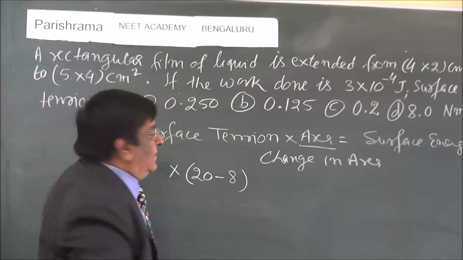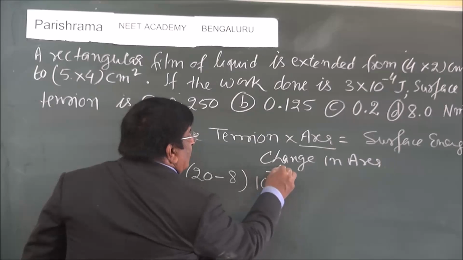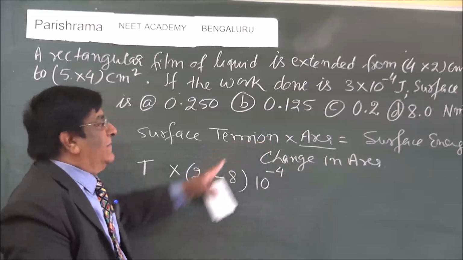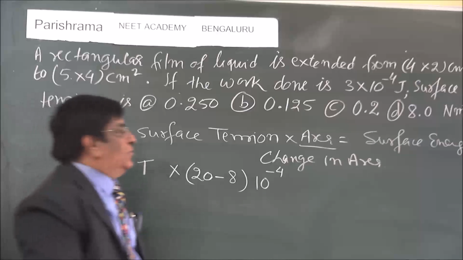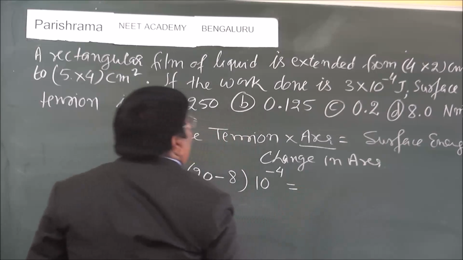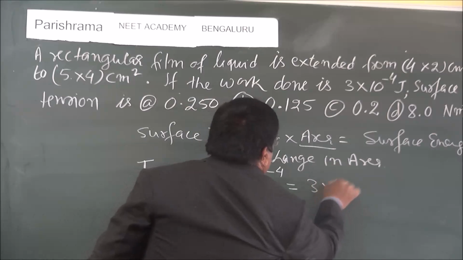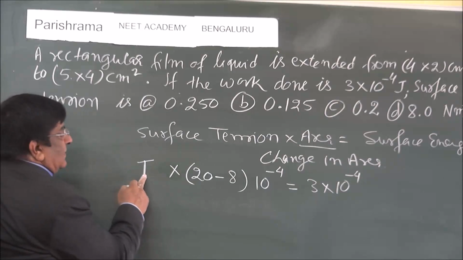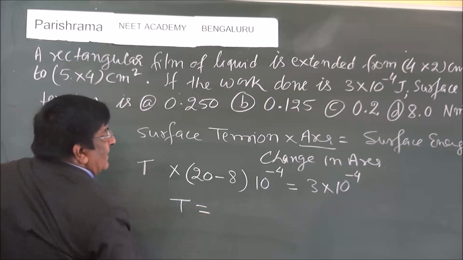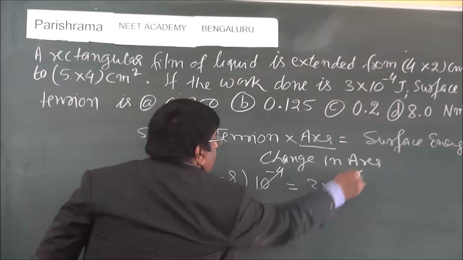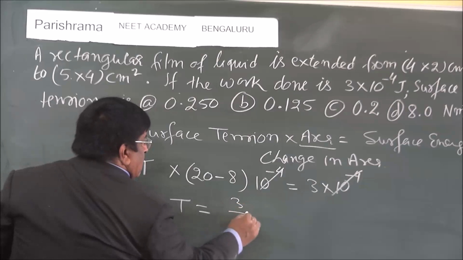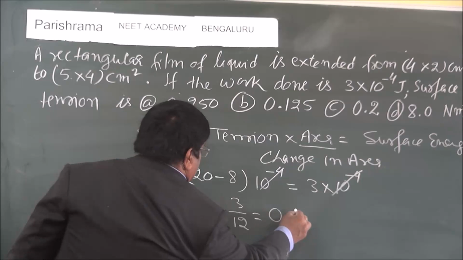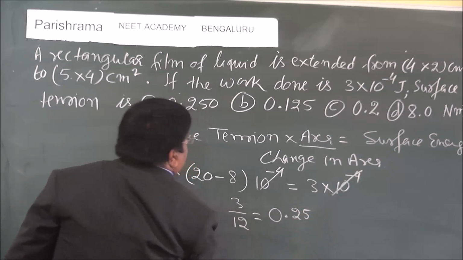And what is the unit? Centimeter square. So we convert it into meter square, 10 to the power minus 4. This is what? Change in area. Right? That is equal to surface energy. Is it given in joule? Yes, 3 into 10 to the power minus 4. Now you can find out surface tension is equal to 0.25.